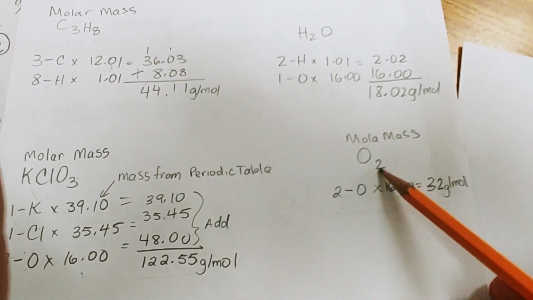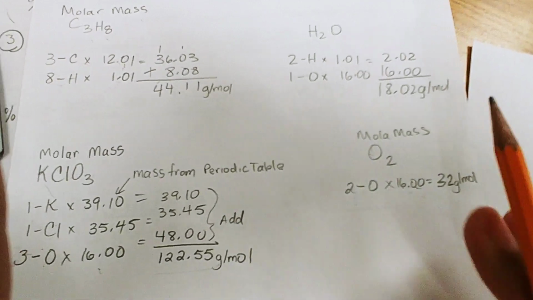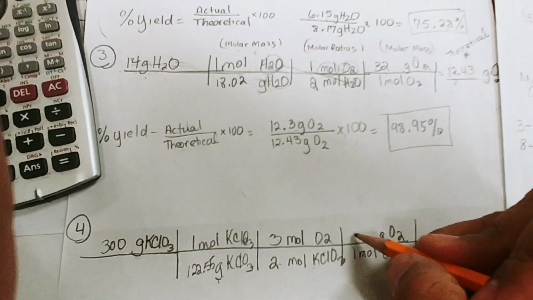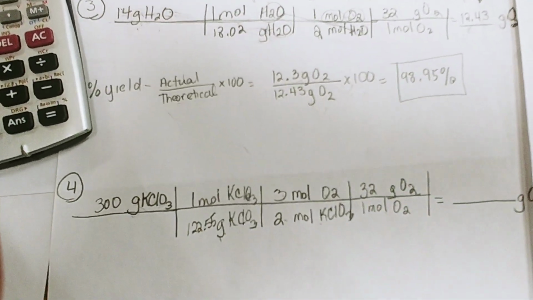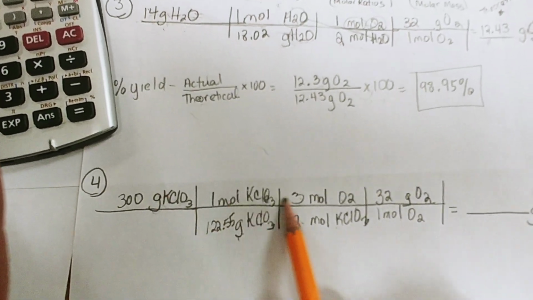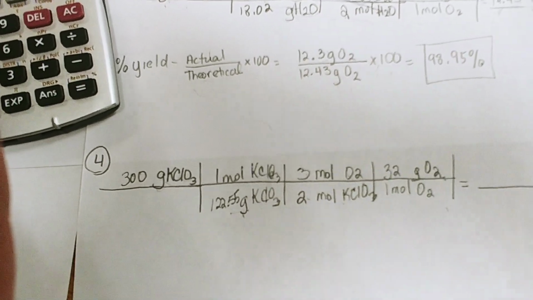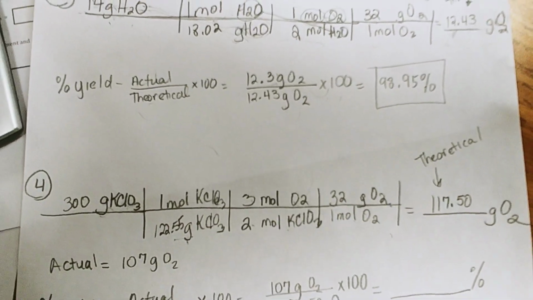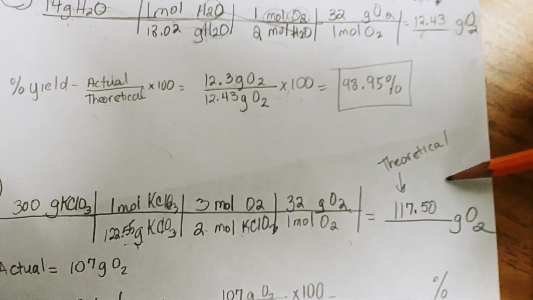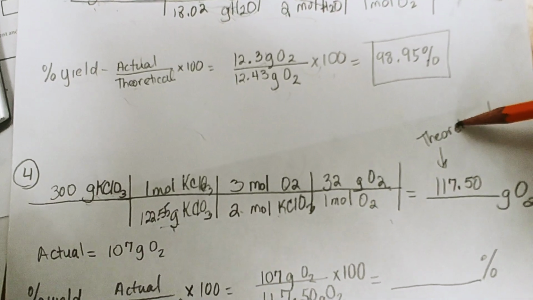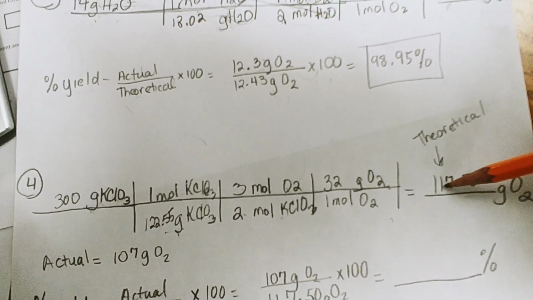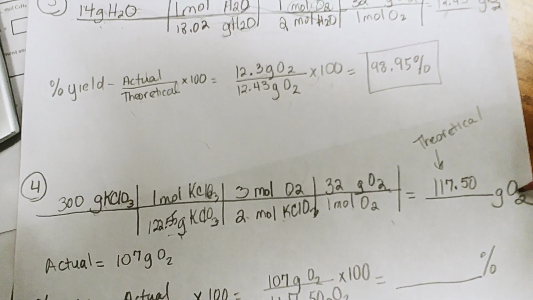Again, there's 2 oxygens times the mass on the periodic table. So we write down 32 grams of O2. We go ahead and multiply everything across on the top, everything across on the bottom, divide the 2. After our calculation, the theoretical is 117.50 grams of O2.